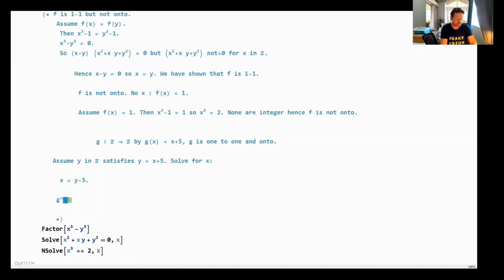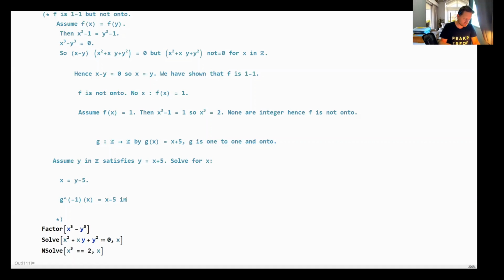Okay, now the next part is what the inverse map is. So g inverse sends x to x minus 5. All right, so that tells you that it's onto because you can always go back, right? And what you need to notice is that this belongs to the set on the left-hand side.